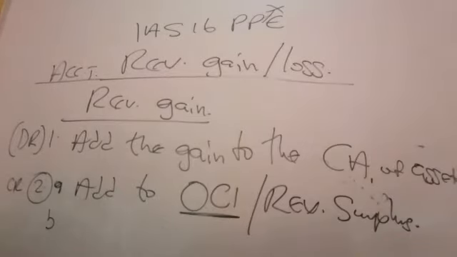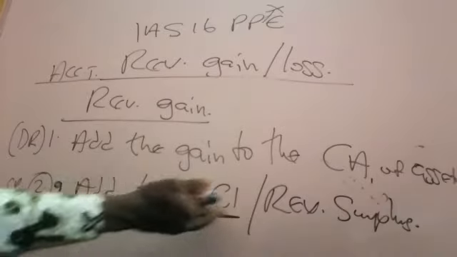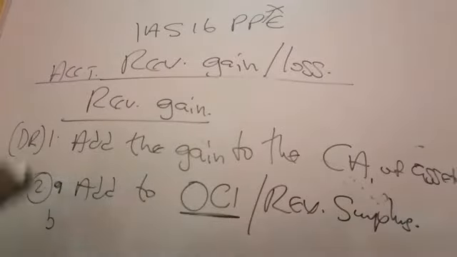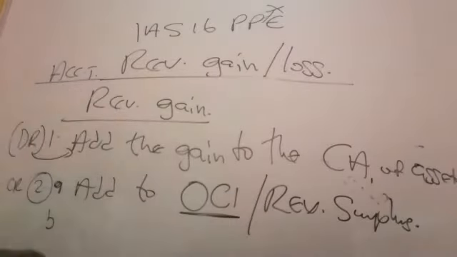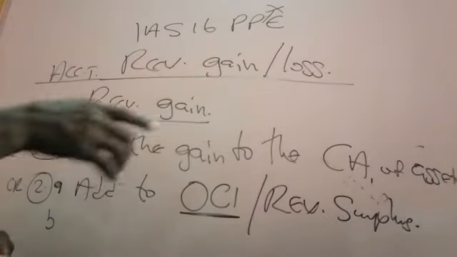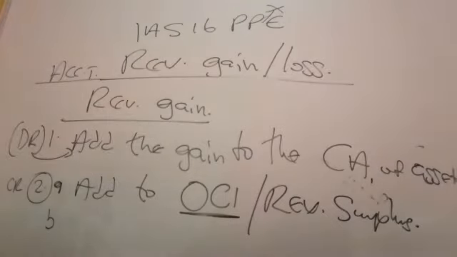That means credit OCI or credit revaluation surplus. We are done. Debit the current amount of the asset. That debit means we are adding to the assets, because the asset has a debit balance. When you add, you are making a debit entry. OCI and revaluation surplus all have a credit balance. So if you credit, you are making a credit entry when it increases.